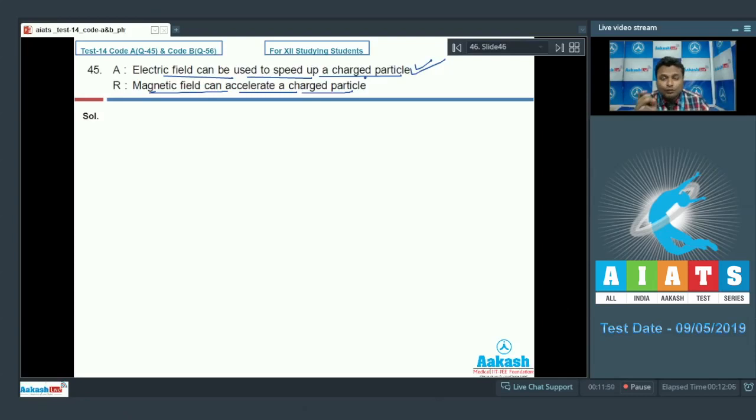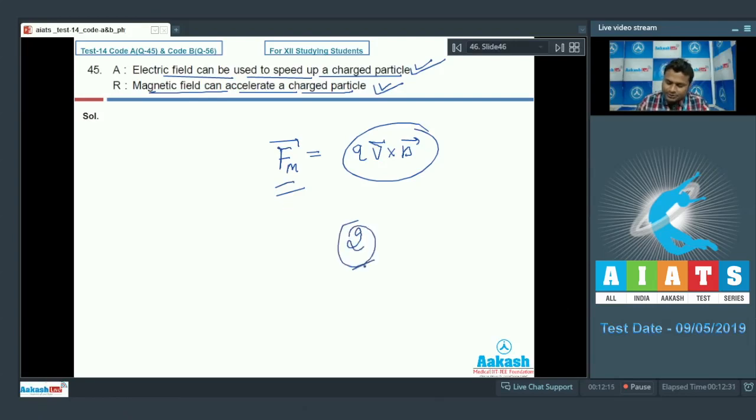Yes, if a charged particle is moving in a direction making angle theta with the magnetic field, then a magnetic force Fm acts, which is given by q v cross B. So it definitely can accelerate the charged particle. So the reason is also true, but there is no relation between them. So we can go with option number 2 for 45 number. Move on to the next, that is 46 number.